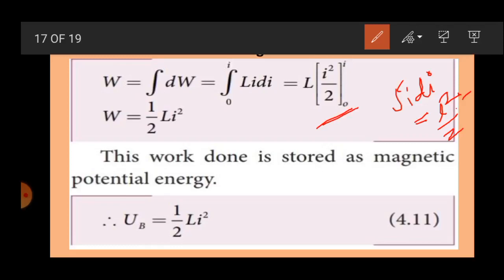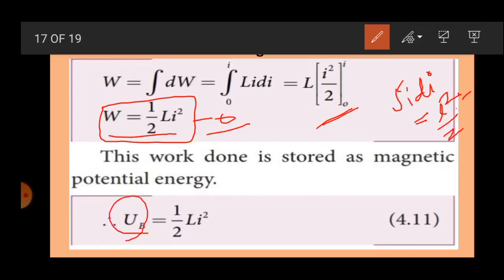Now substitute the limit values. So W is equal to 1 by 2 L I square, upper limit minus lower limit, because of 0 the total is 0, so this is neglected. So total work done, therefore W is equal to 1 by 2 L I square. This work done is stored as magnetic potential energy. It is denoted by UB. UB is equal to 1 by 2 L I square.